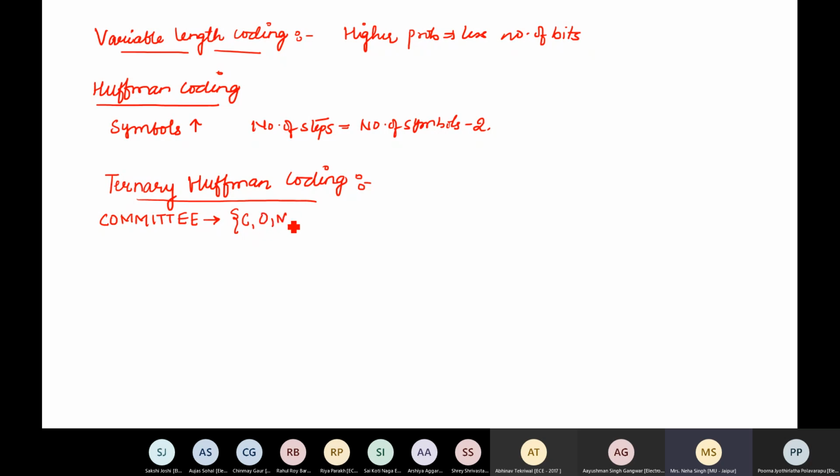It is C, O, M, I, T and E. So this is a source which gives me these 6 symbols with probabilities: the probability of C is 1 by 9, O is 1 by 9, M is 2 by 9, I is 1 by 9, T and E both are 2 by 9.